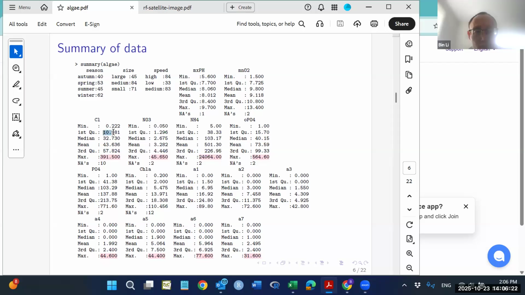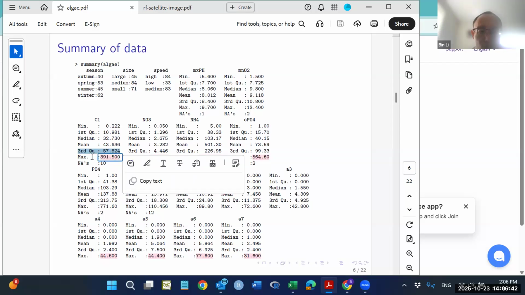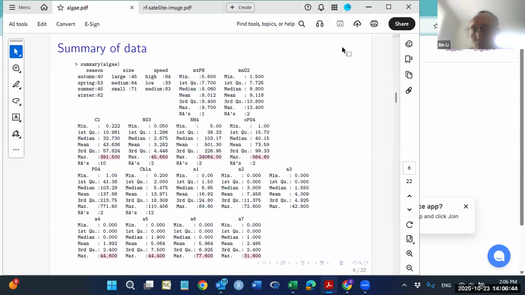The first quartile is about 11. The median is about 33. The mean is about 43. And the third quartile is about 57. But what is the maximum? The maximum is close to 400.